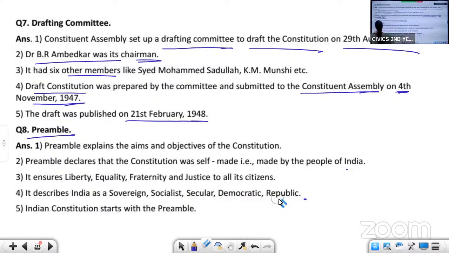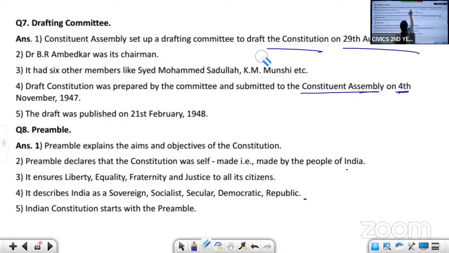If you write your answers like this in points, it will be easy for the examiner to check your answers. And in 2-mark answers, if you write properly, correctly and to the point, you will get 2 out of 2. They won't deduct marks here.